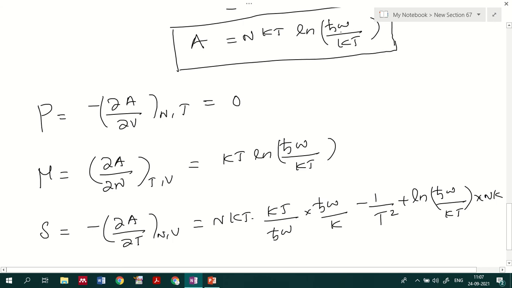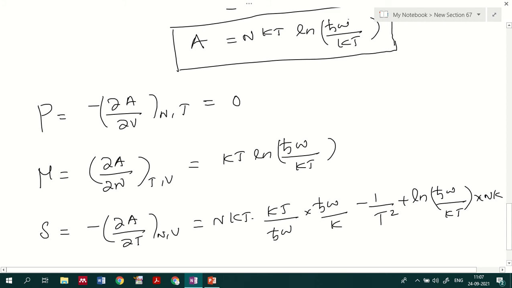So we first differentiate ln h cross omega by kt, then we differentiate nkt. That's why we have used the product rule. This kt by h cross omega we got from dou t of ln h cross omega by kt, that is 1 by h cross omega by kt, so that is kt by h cross omega.